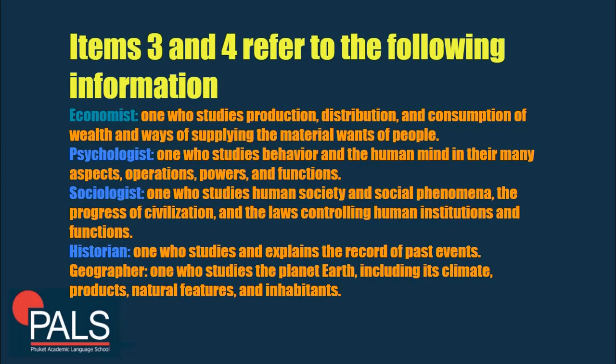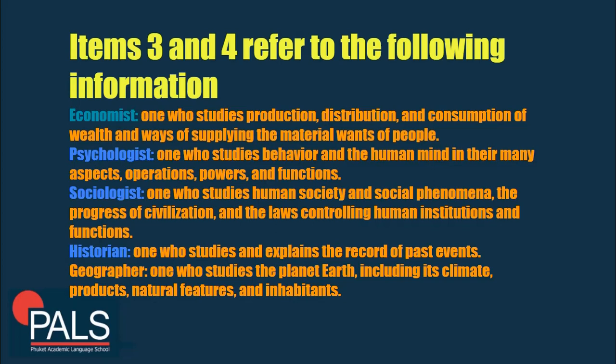Number 3 and 4. Let's read the following information. Economist, one who studies production, distribution, and consumption of wealth and ways of supplying the material wants of people. Psychologist, one who studies behavior and the human mind in their many aspects, operations, powers, and functions.